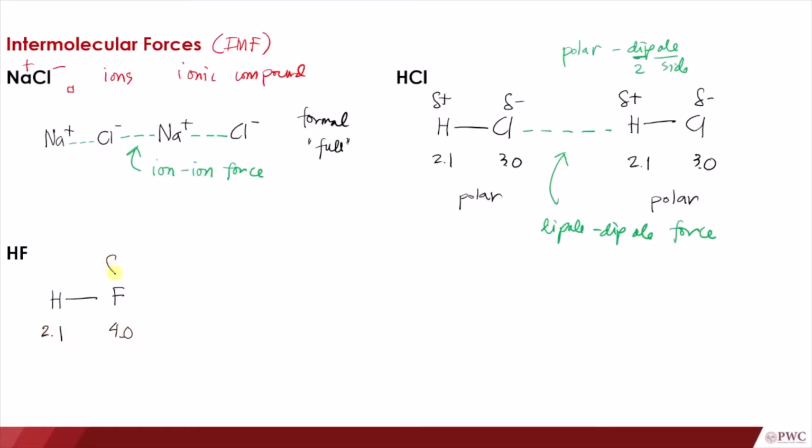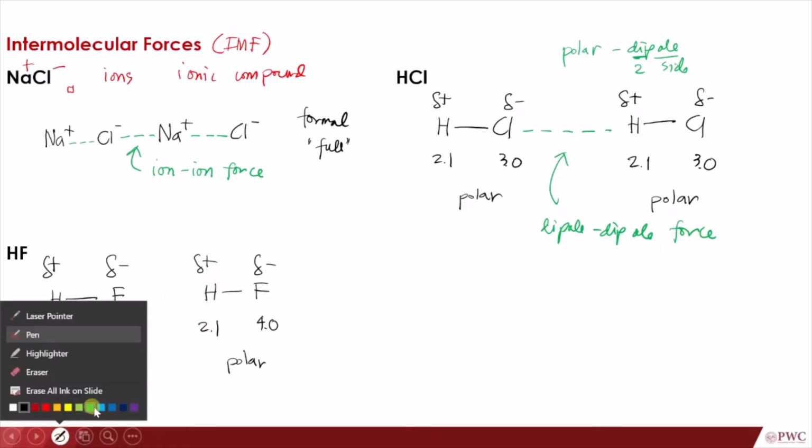So this one becomes partially negative. The other side becomes partially positive. Another one over here, H, then we have F over here, H 2.1, F 4.0. So this is partially negative, and this one is partially positive. So here, these are polar molecules, polar, then polar. Again, partially negative, partially positive.